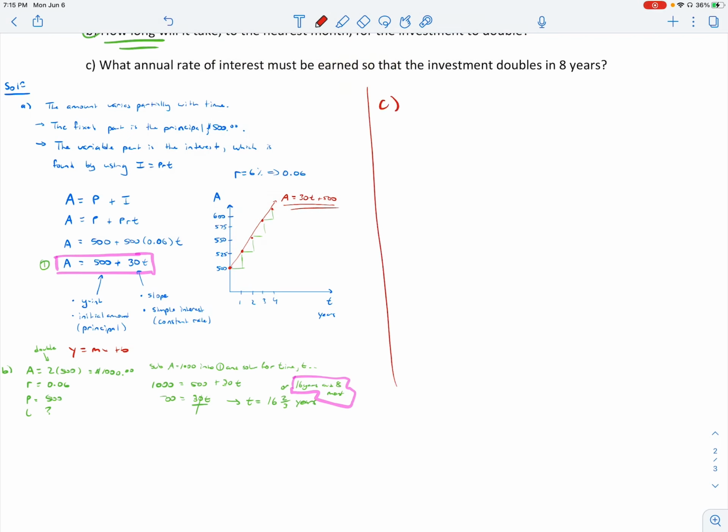So for part C, it says what annual rate of interest must be earned so that the investment doubles in 8 years. So we're looking for R, right? What annual rate of interest must be earned? So the principal is still 500, and the time is 8 years, and we want the amount to double, so we want there to be 1,000.